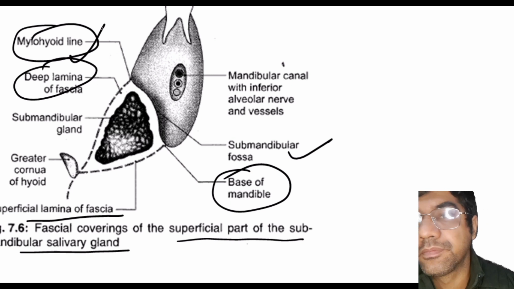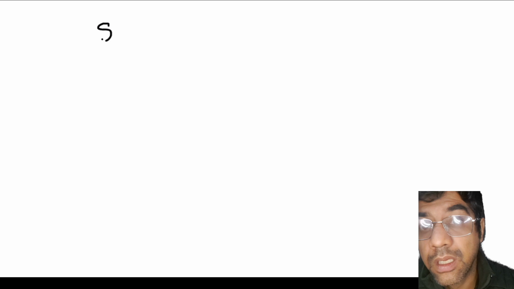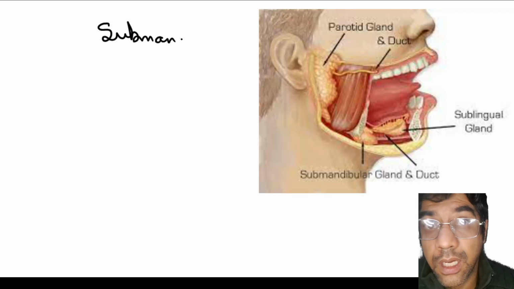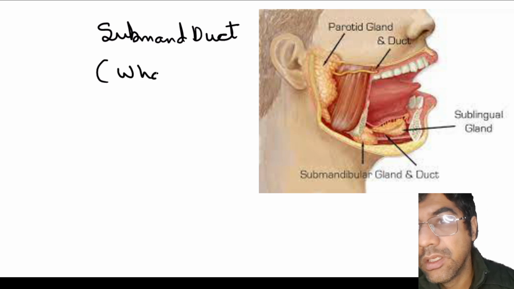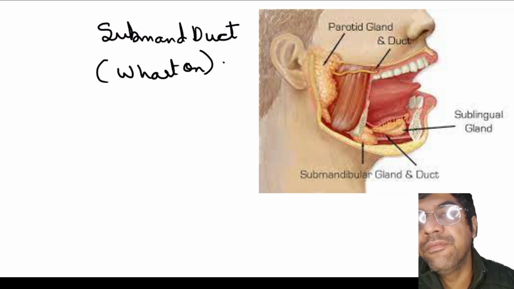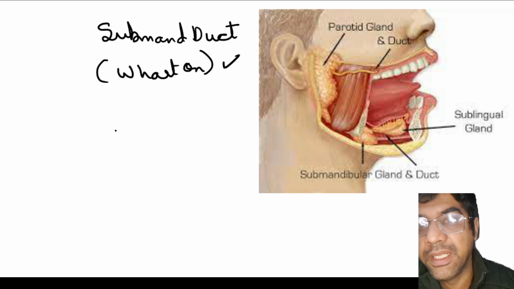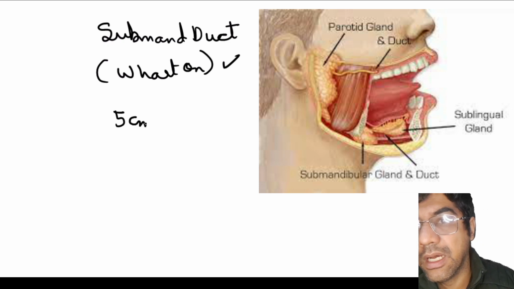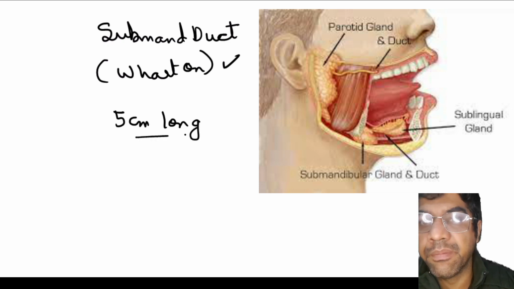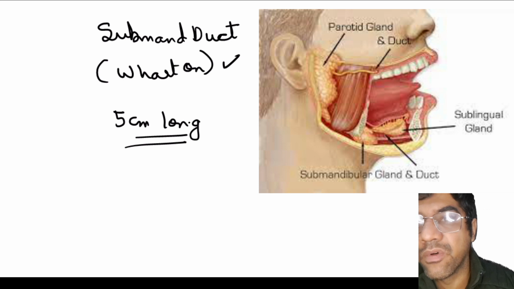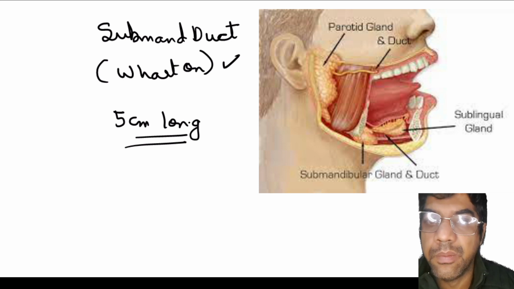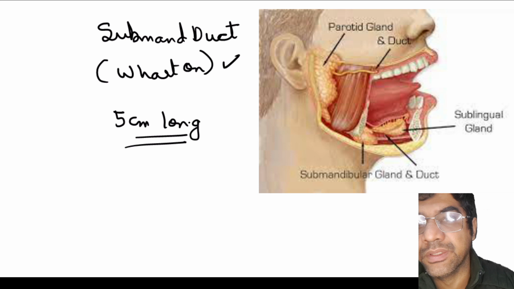mandible. Other is the submandibular duct. The other name is Wharton's duct. So remember, it is thin walled and 5 centimeters long, and it emerges from the deep part of the submandibular gland, running forward on the hyoglossus muscle between the lingual and hypoglossal nerve.